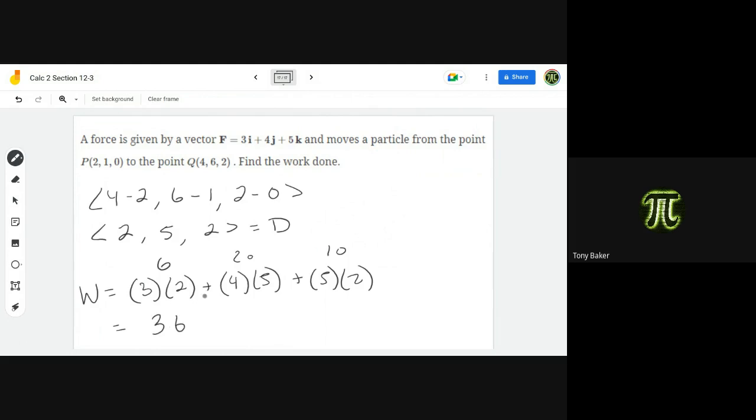So 36. Since the problem didn't tell us what units they were in, we actually can't give a unit. If we assume that it's in newtons and meters, we can then say 36 joules. That's typically what's given: displacement is typically given in meters and force is typically given in newtons.